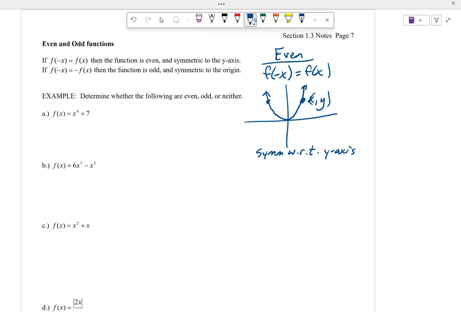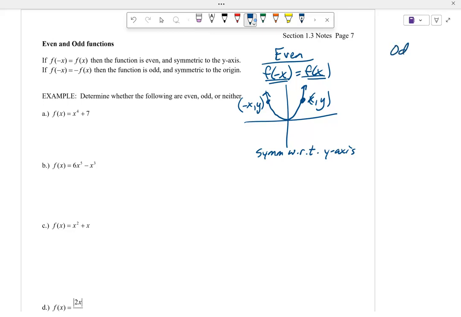Because when you plug negative x in, it spits out the same y. f of x is the same y as when you plug in negative x. They have the same y value, x and negative x too. So that's how you can test if you have an even function. So an even function, again, is another way of saying you're symmetric with respect to the y-axis.